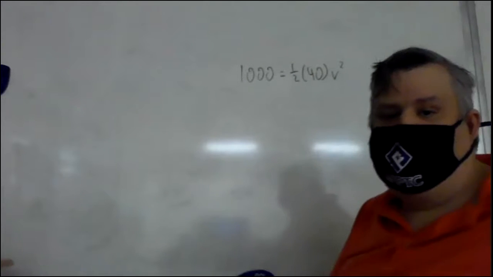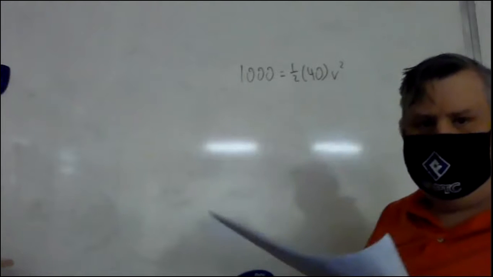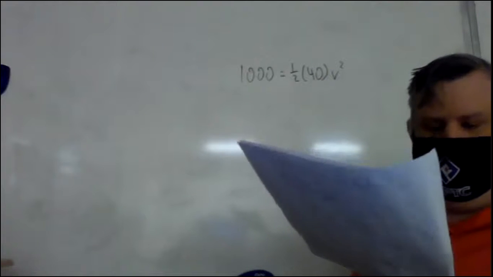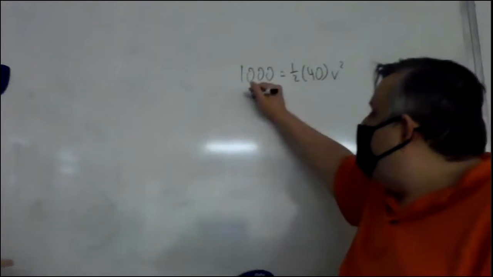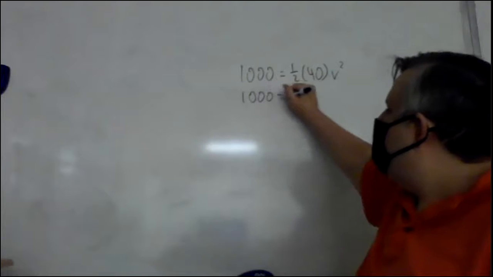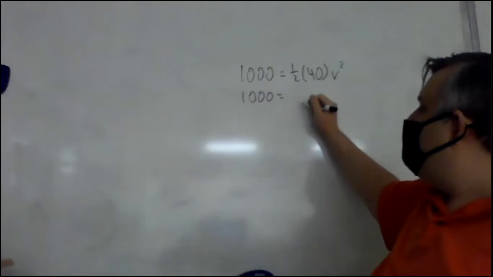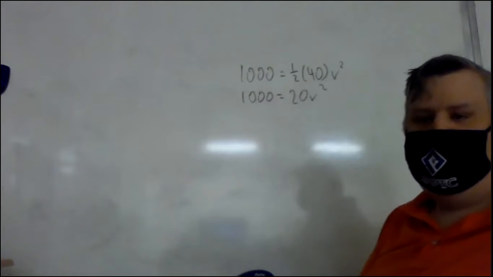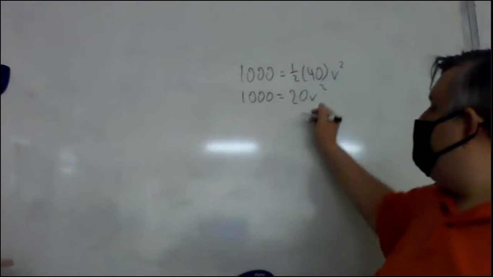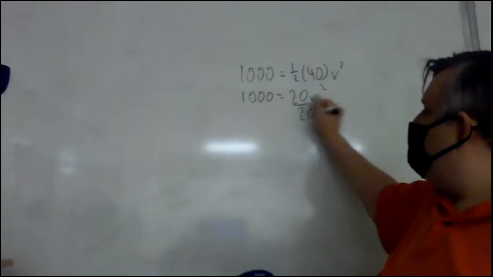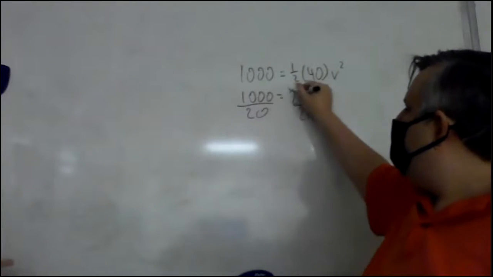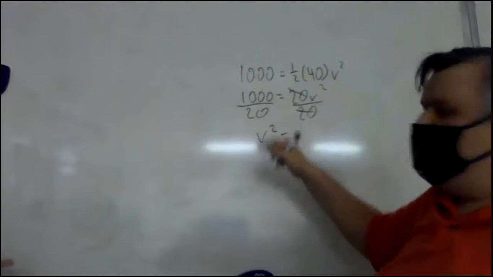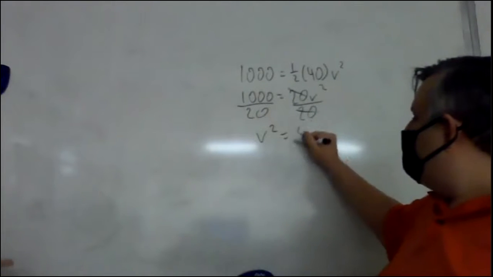What I'm trying to find is the velocity. The first thing I'm going to do, let me multiply 40 times 1/2, which is 20. I need to get the v squared by itself, so I'm going to divide both sides by 20. Cancel it out on that side, and v squared is equal to 1,000 divided by 20, which is 50.